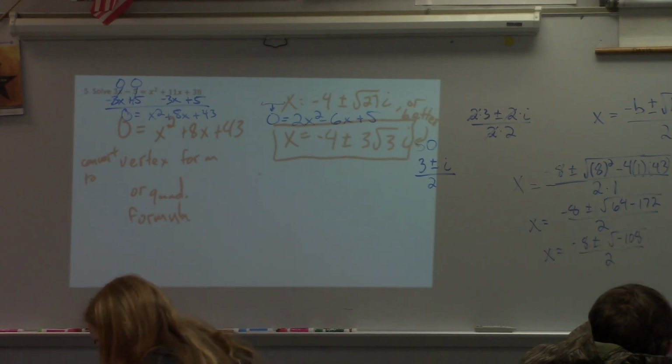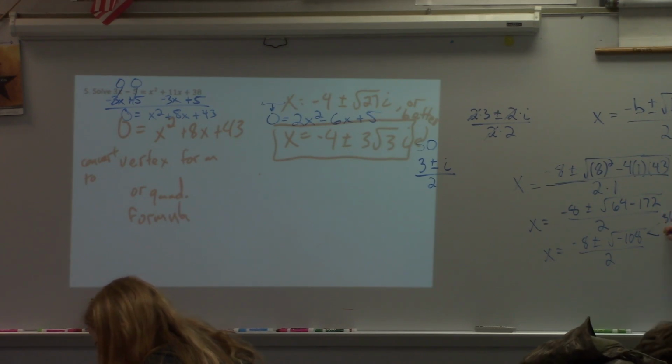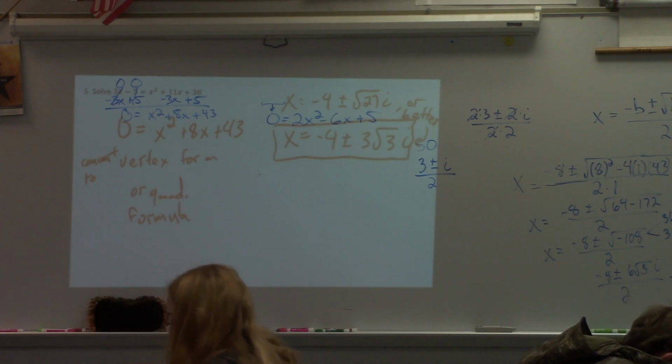Now you could have technically left it here and earned the majority of credit, but when I look at 108, I think about 36 times 3. I did that because the square root of 36 I can actually do. -8 plus or minus, that would give me a 6 square root of 3i when you work it out. And that would give me -4 plus or minus 3 square root of 3i.